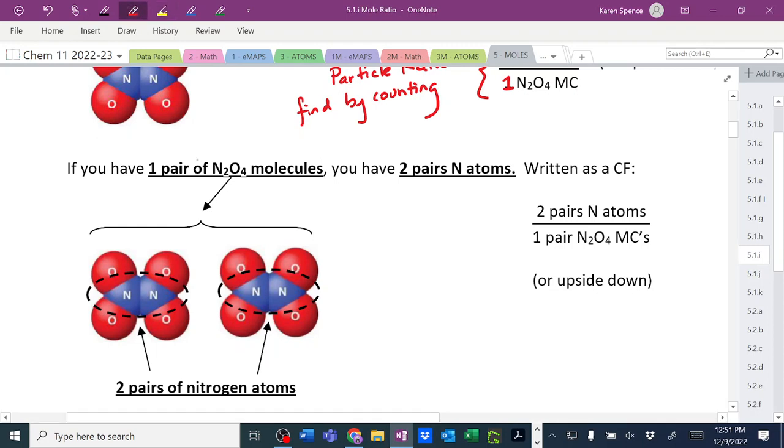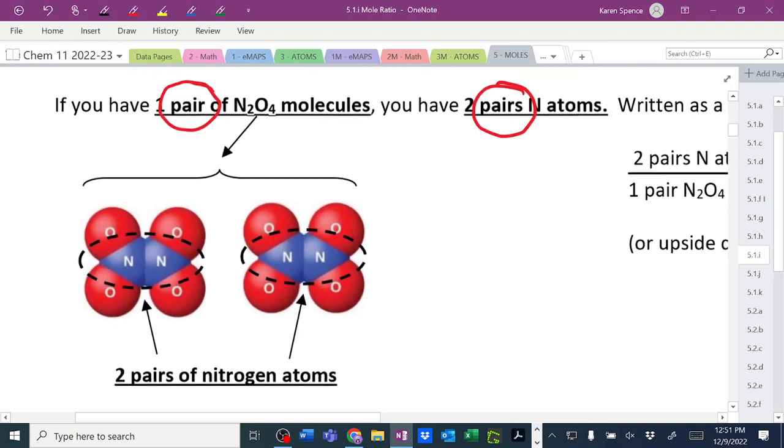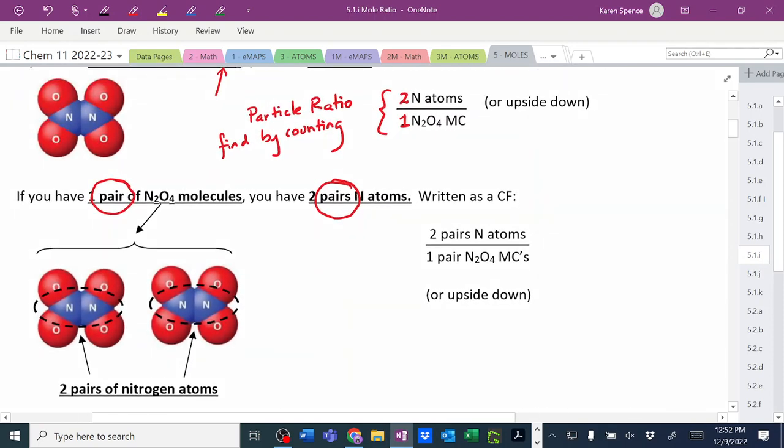So I'm doing pairs for both the molecule, and now I want to know pairs of N atoms. How many pairs of N atoms do we have? We have 2, right? There's 1 pair, 2 pairs. And look, once again, we have that exact same ratio. There are 2 pairs of N, just like there were 2 N atoms.